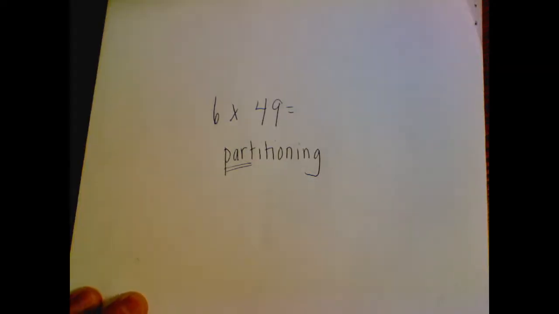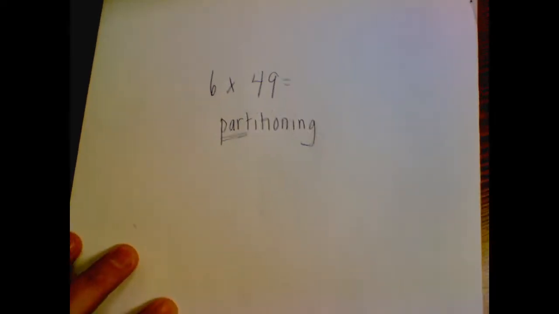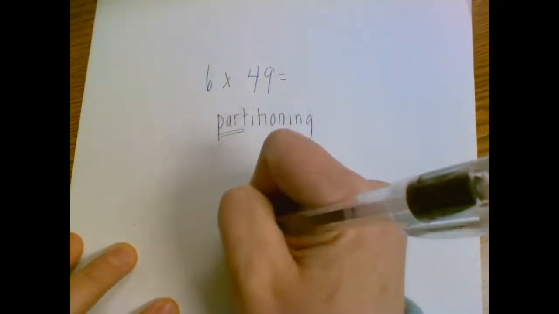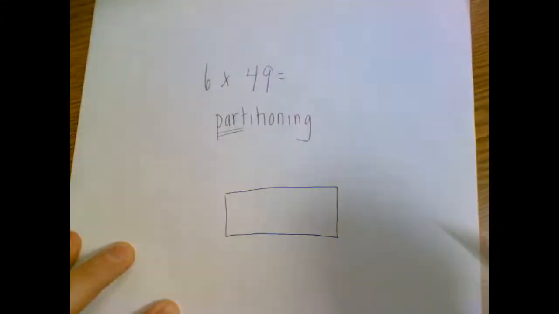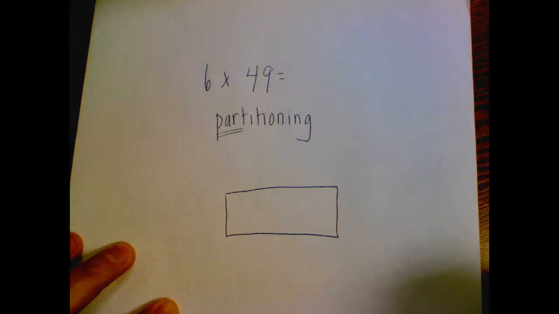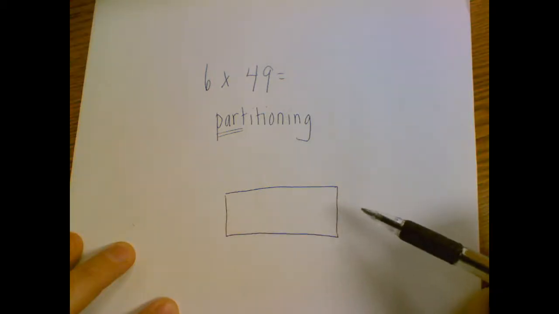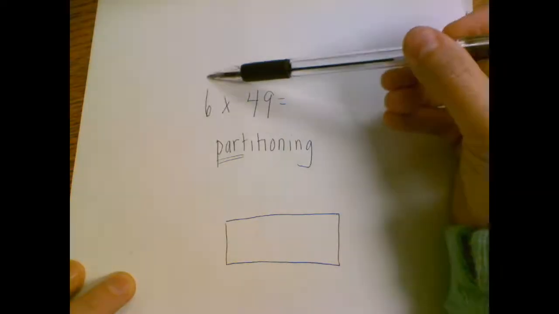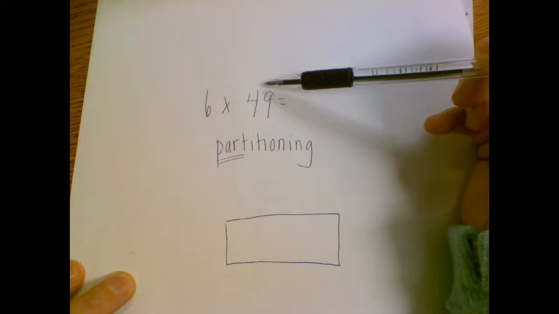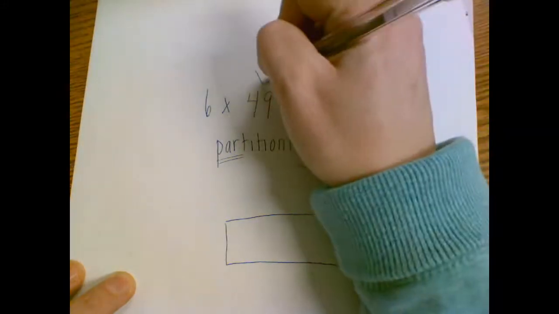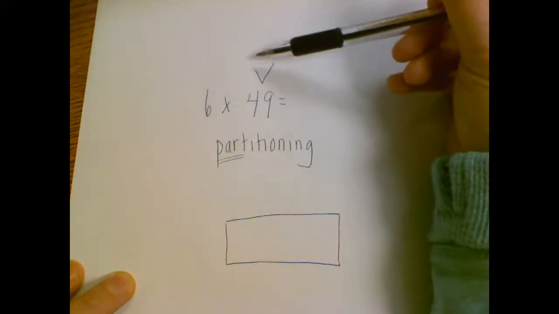Okay? So let me show you how we're going to set up our problem. Luckily, our worksheet that we're going to be working on today, they already set up the problems. We just have to insert the numbers. So if we're looking at 6 times 49, I would like to break this number. I always break the number into its place value.